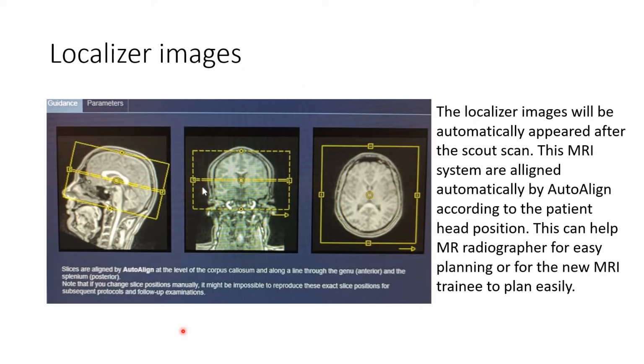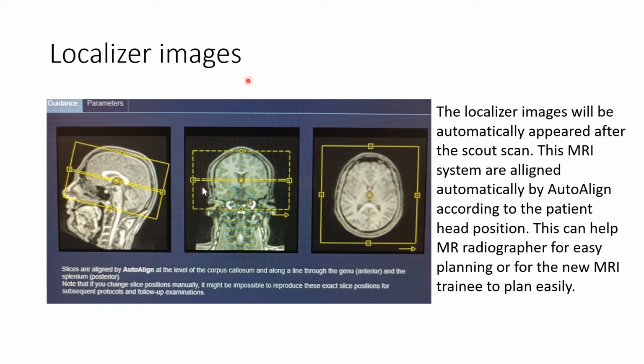After we position the patient and the patient is in the isocenter of the magnet, we acquire the localizer images. In our MRI, we call it a scout scan. The localizer images will automatically appear after the scout scan.